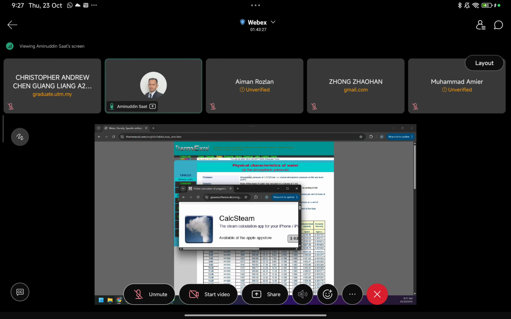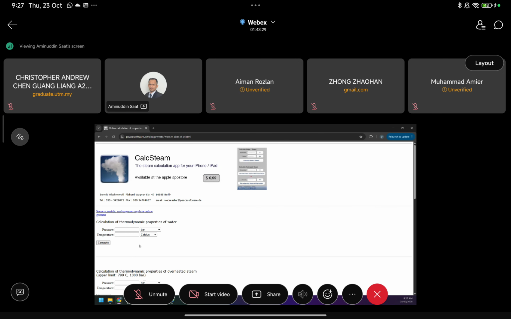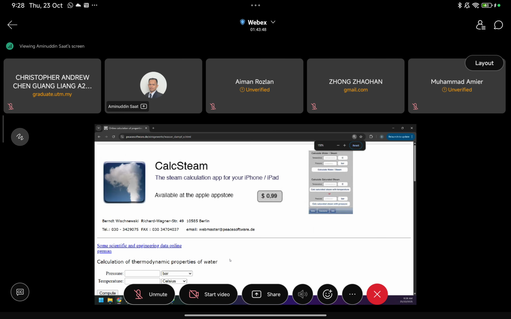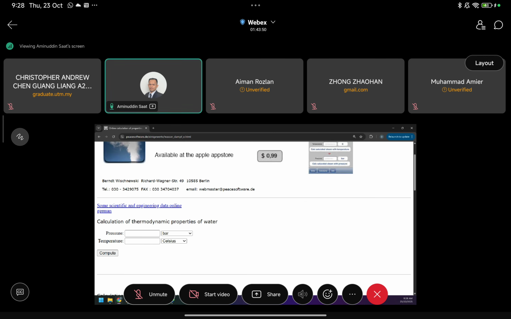So if you can explore, okay, this is one software that is used to calculate property directly. You can download as well the apps that can calculate the table property.